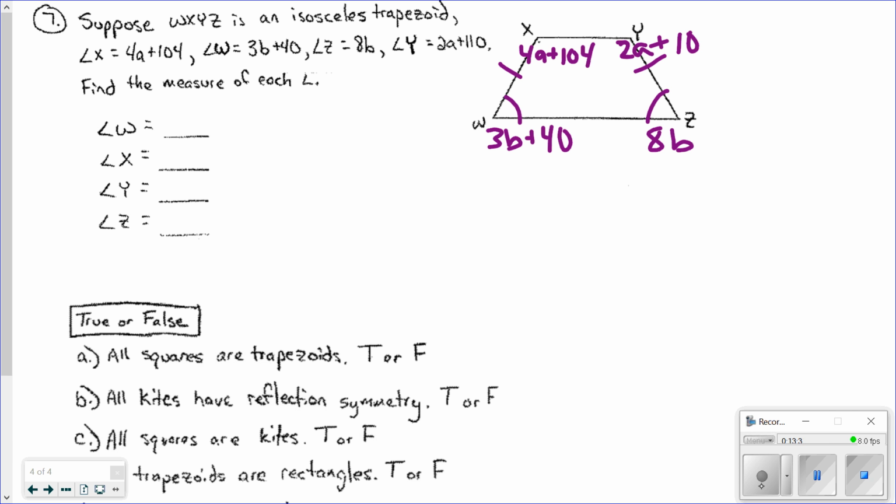Before we can do so, we have to solve for the measure of A and B. So let's start with A. Because this is an isosceles trapezoid, we know that angle X and Y are the same measure.